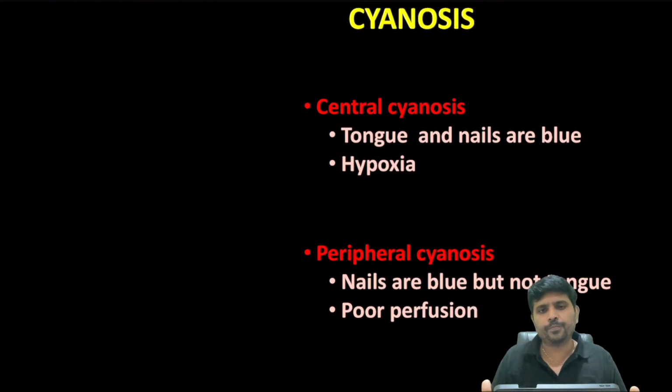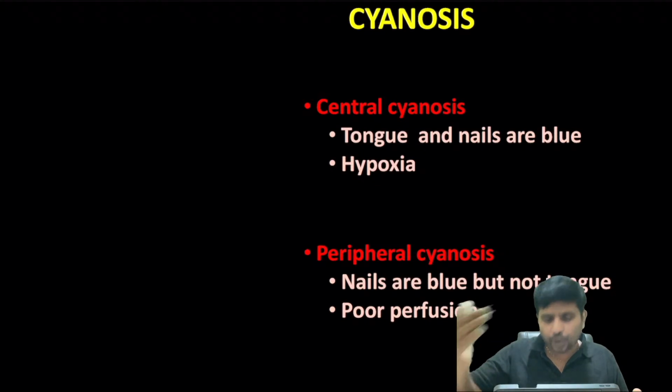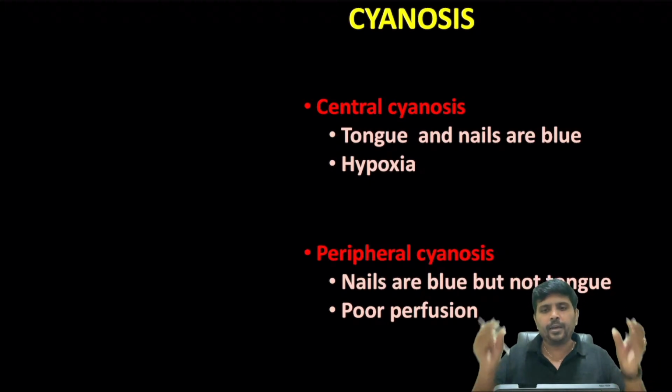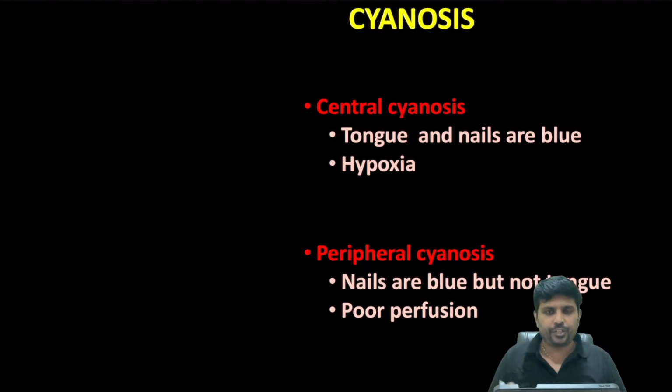Whereas peripheral cyanosis can be cardiogenic shock, or it can be due to hypothermia, that is peripheral vasoconstriction. Both in cardiogenic shock and hypothermia, there is peripheral vasoconstriction, as a result of which you will get cyanosis only in the limbs but not in the tongue.